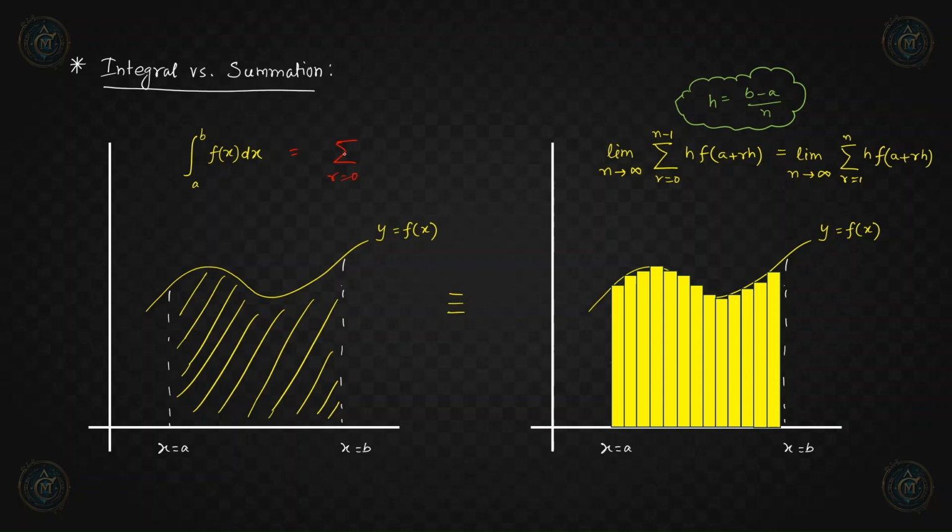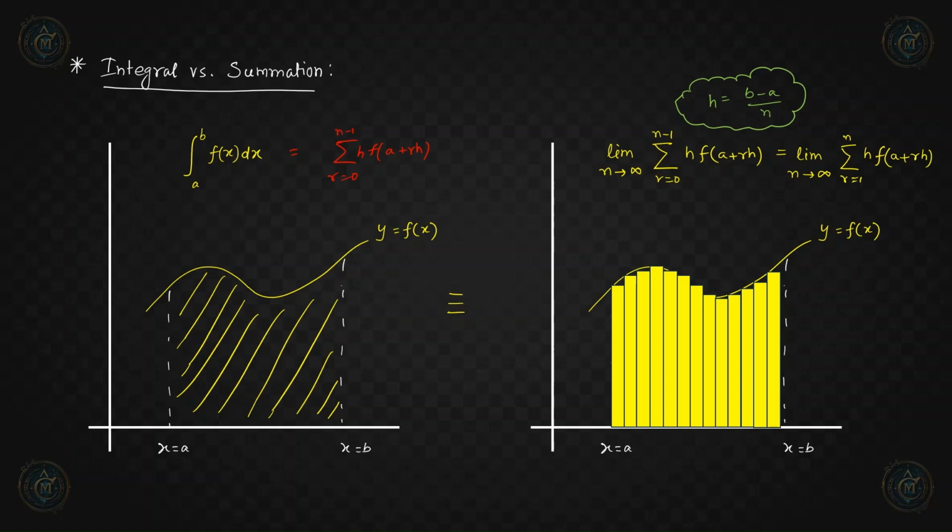Summation r equal to 0 to n minus 1, then f of a plus rh times h. This is the area of each rectangle. Okay, so h times f of (a plus rh), where r is varying from r equal to 0 to n minus 1. This is the area of each of these rectangles by which we are approximating the area under the curve.